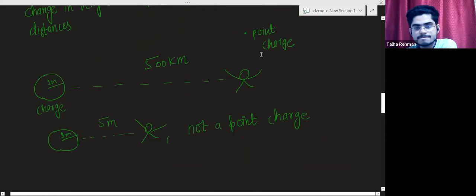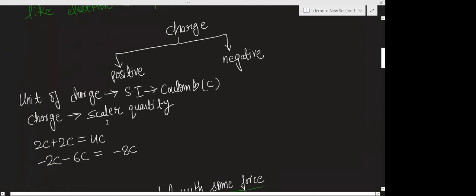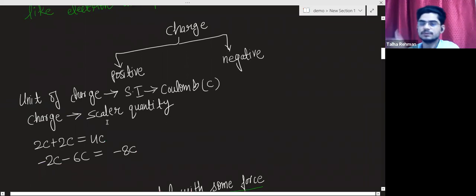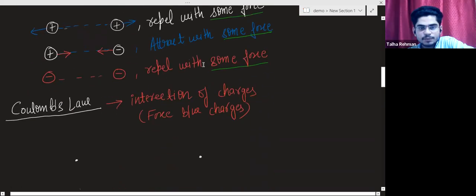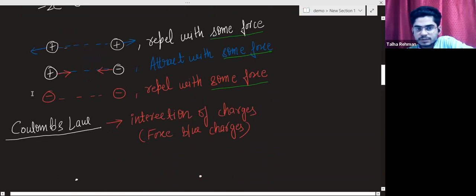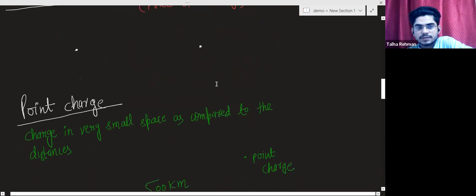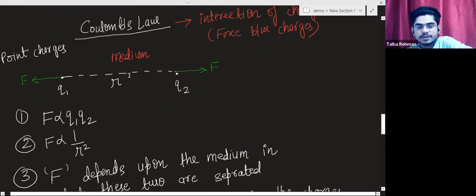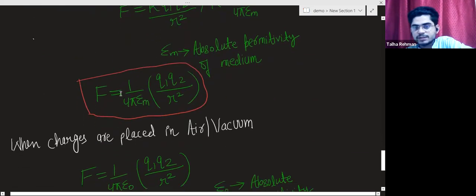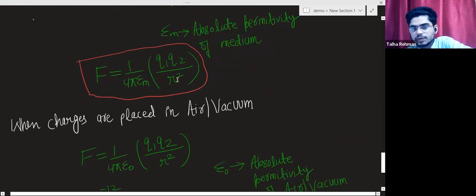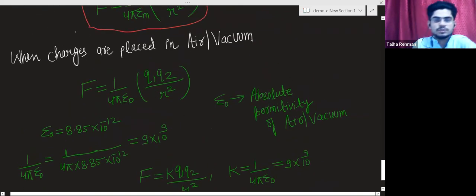Have you understood something? Yes, sir. Okay. The scientist calculated this somehow by experiment, and he gives us this formula. If the charge is in a medium, then we will use this formula. If charges are in air, then we will use this.